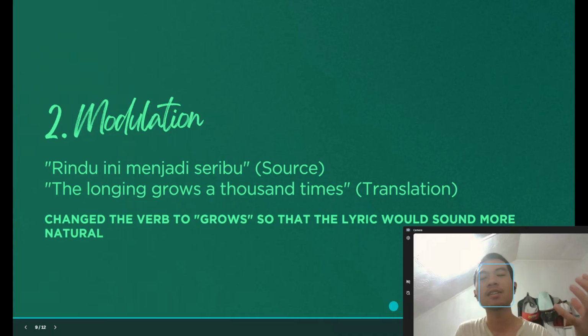So I change the verb from "becomes" to "grows" and I add "times" to the 1,000, so the English audience still gets the meaning of my translation.